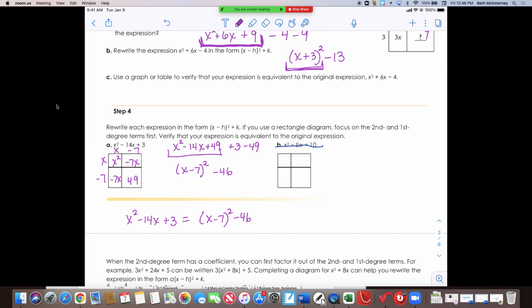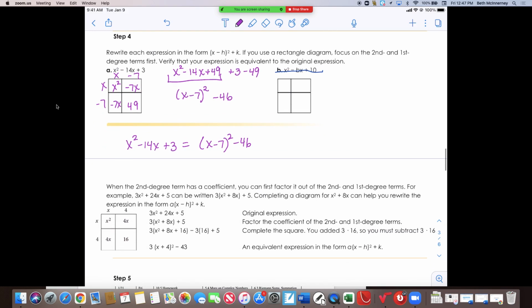So when you add 49 and subtract 49, do you see this net effect is 3? 49 plus 3 minus 49, that whole thing adds up to 3, right? And so then this statement is equal to x squared minus 14x, but I have to make it equal, okay? And then this piece goes down to x minus 7 squared, but 3 minus 49 is minus 46. Great question, great question. Okay, all right, we're going to skip part B.